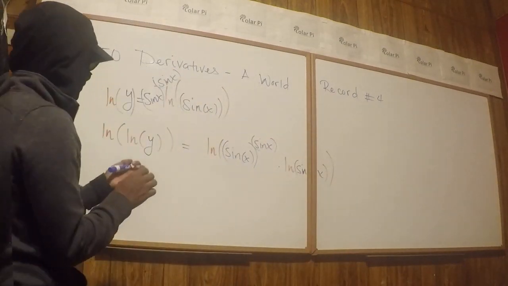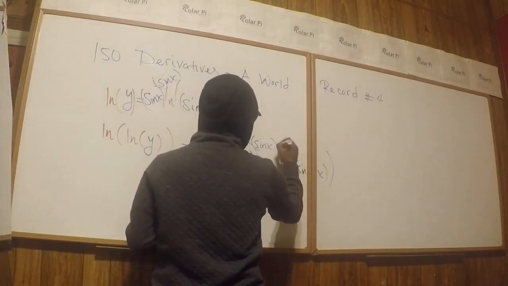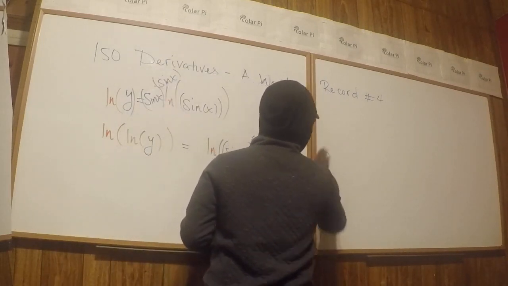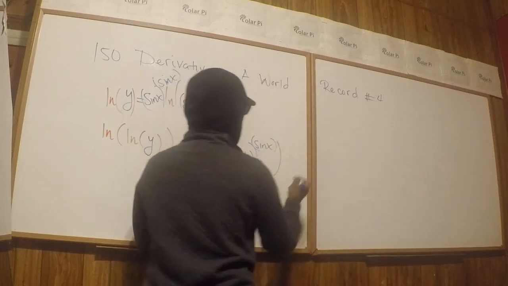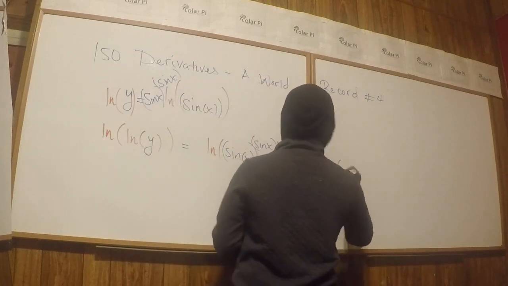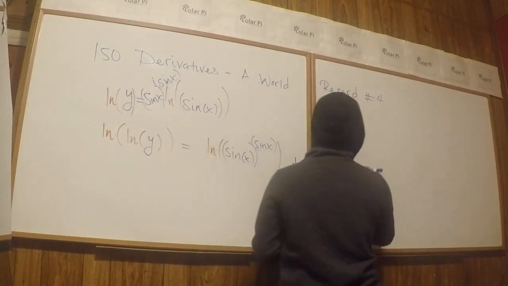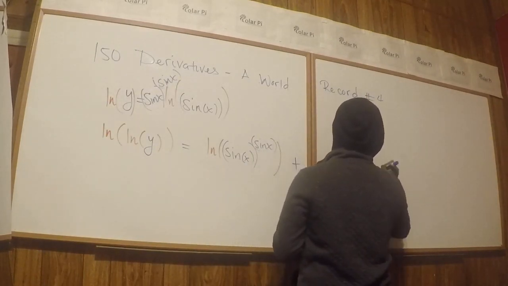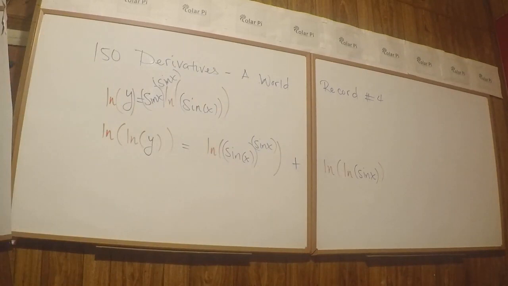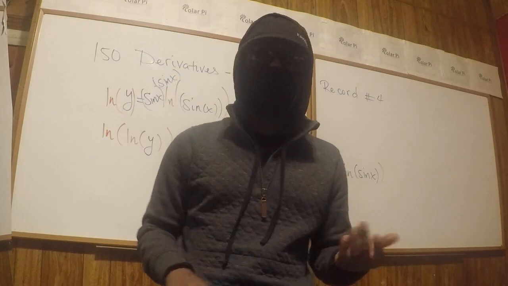So now we could write the parentheses right here, plus the natural log of the natural log of sine x. Now we are ready to differentiate, and I'm going to abandon the color coding. It's not working out.